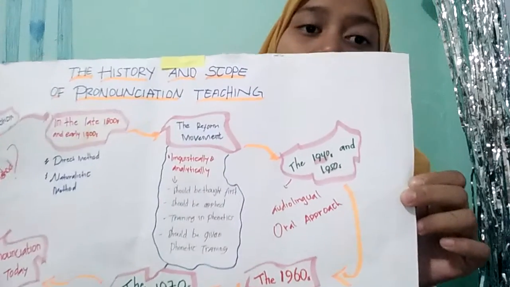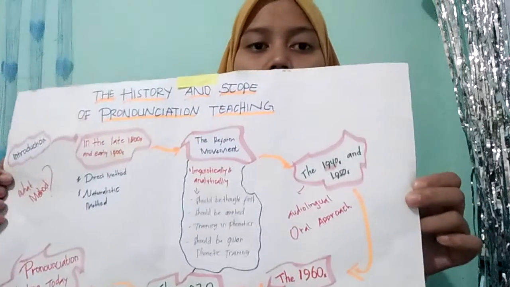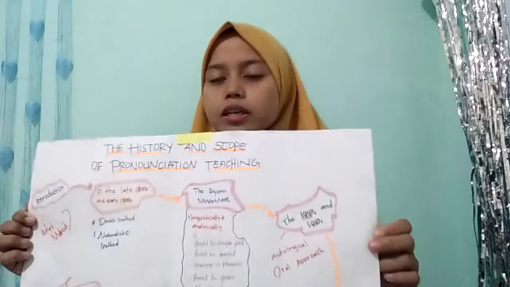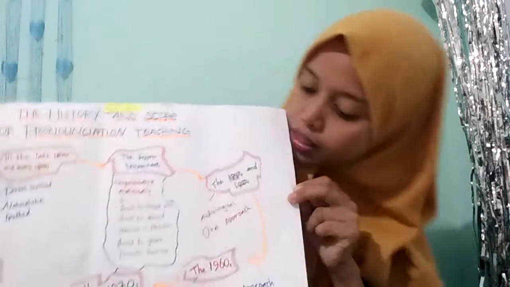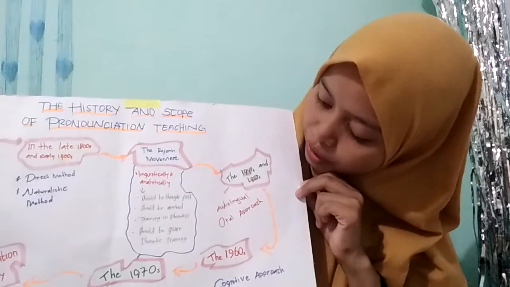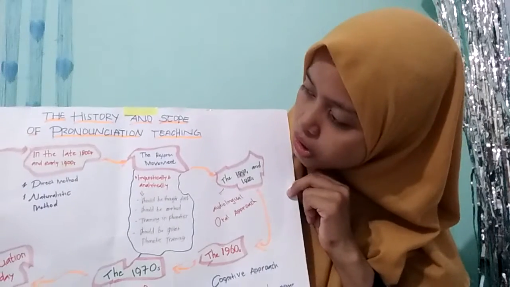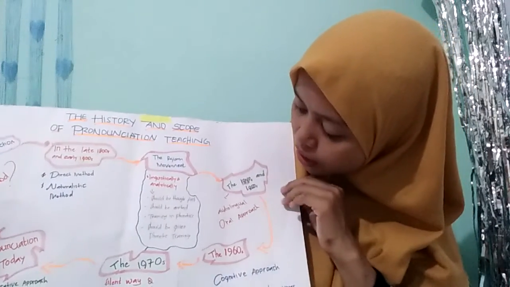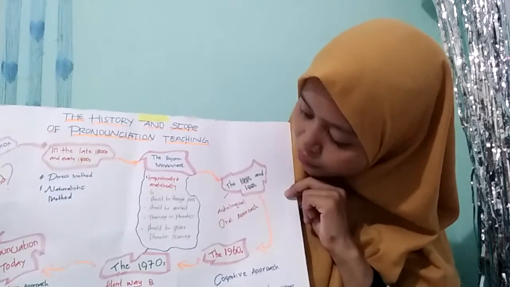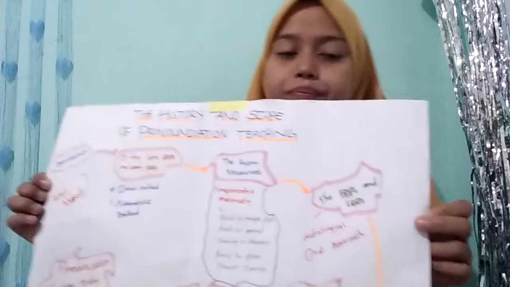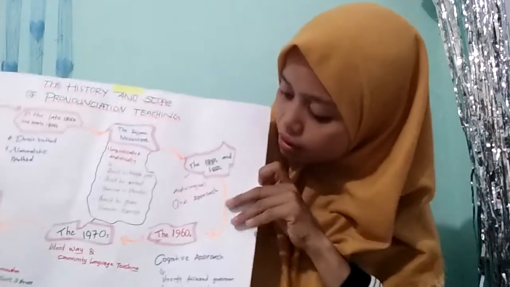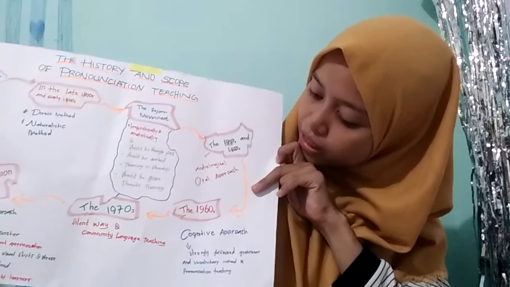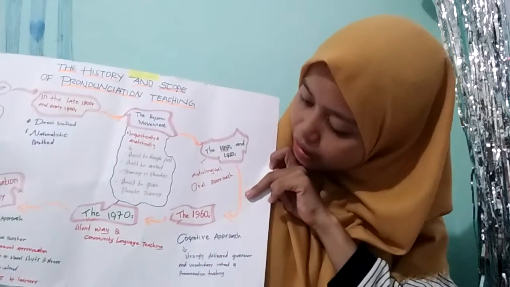Okay, next is the 1940s and 1950s. In this time, there are two methods that teachers use to teach pronunciation: audiolingual and oral approach. And the next is the 1960s.